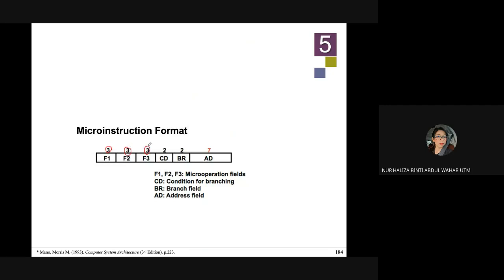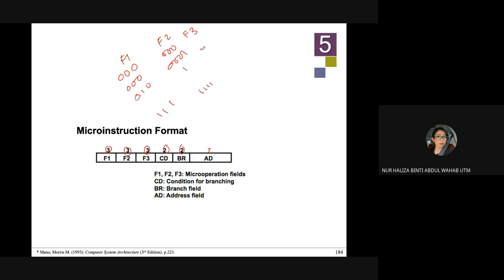That's why after this you're going to see the table, how the table looks like for F1. You're going to have 3 bits. That's why you're going to have 000, 001, 010 until 111. Same goes for F2, 000. This one is 3 bits, 001 until your 111.